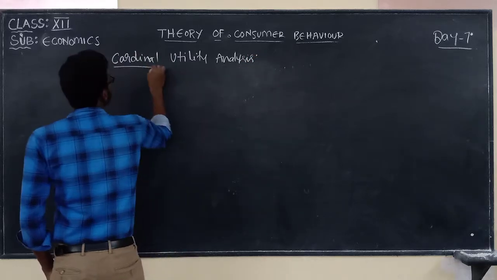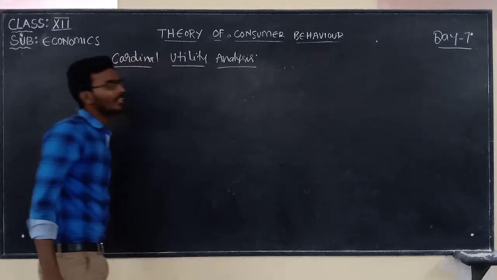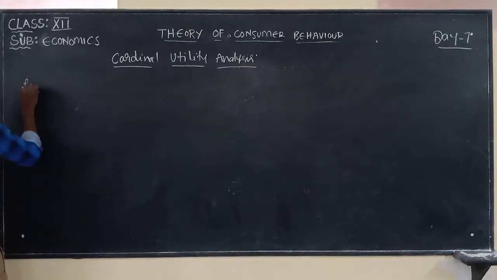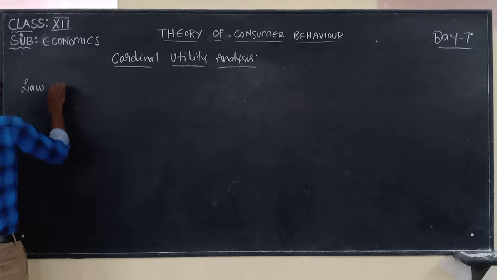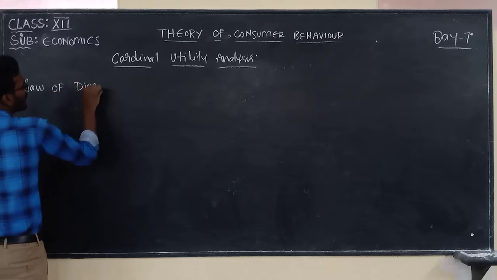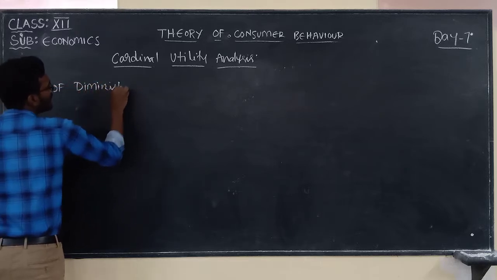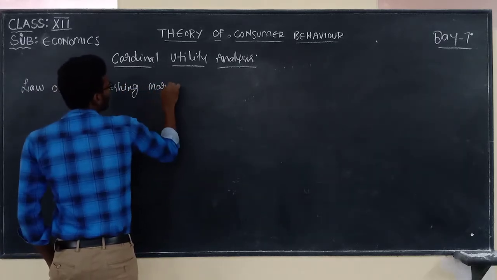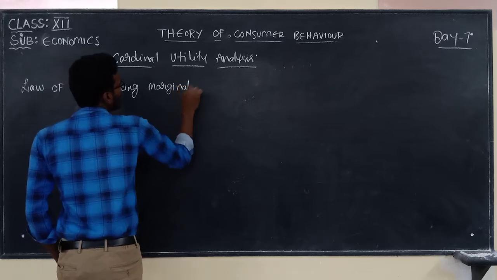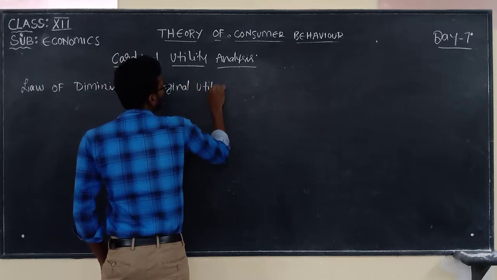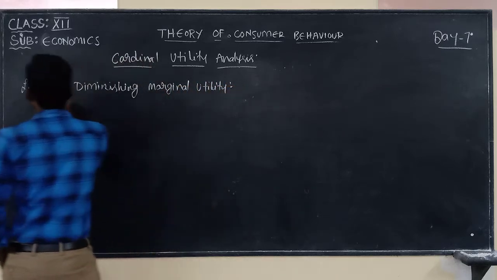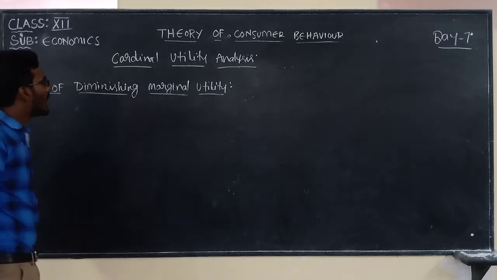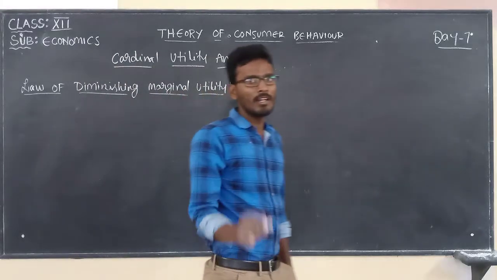A very important theory in cardinal utility analysis is the law of diminishing marginal utility. It is a very important theory from the examination point of view. Law of diminishing marginal utility.